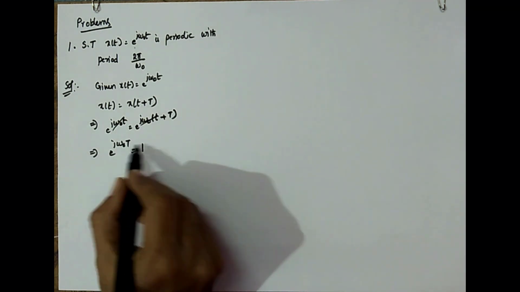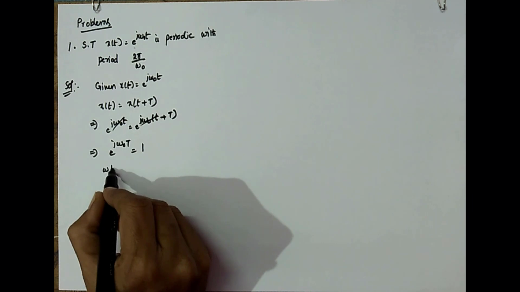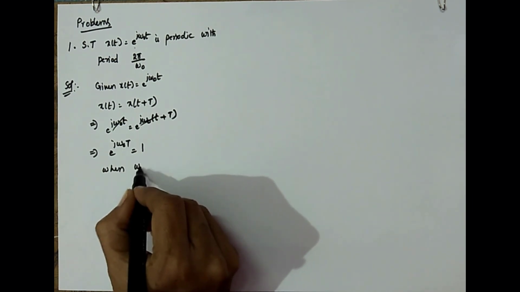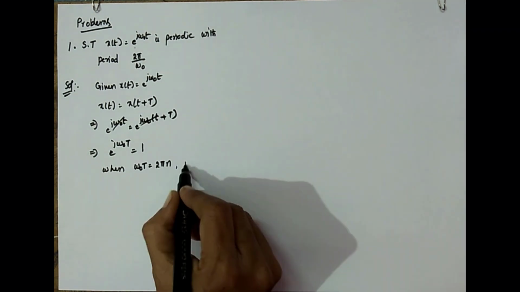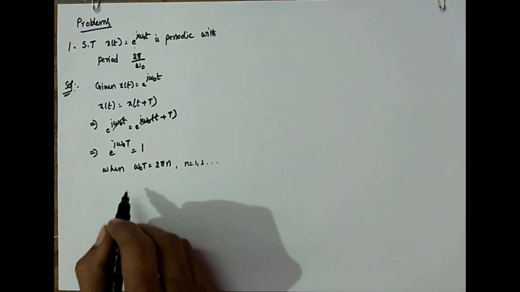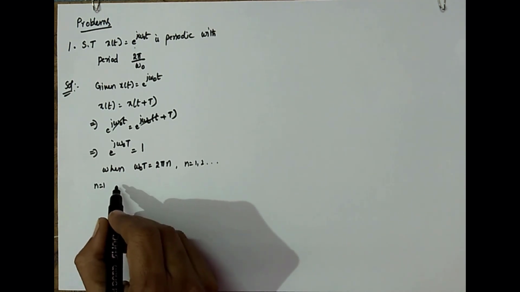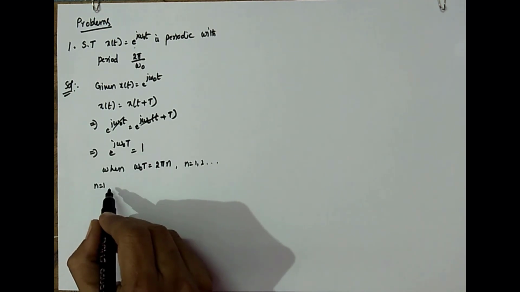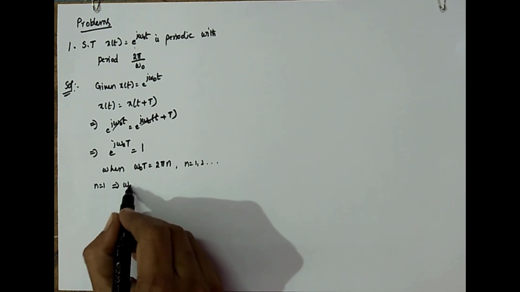When will it be valid? It will be valid only when omega naught T is equal to 2 pi n, n equal to 1, 2, etc. Suppose we keep n equal to 1, let's see whether it happens or not. If n equal to 1, what is omega naught T?